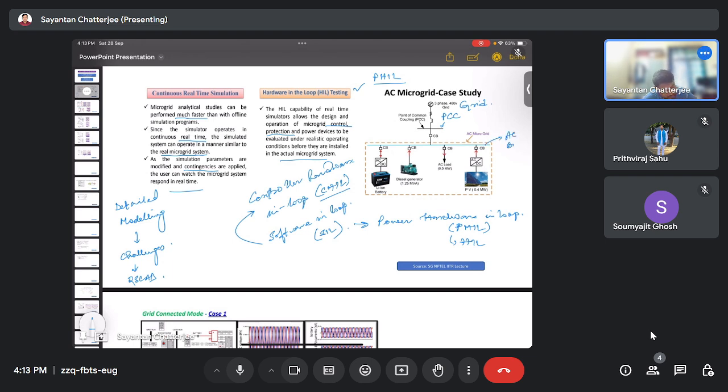Here we have a lithium ion battery, the diesel generator, AC load, and PV. In all these cases, we have to feed power to meet the load demands. Here we have an AC load demand of 0.5 megawatt. So each and every equipment should participate to fulfill that load demand.